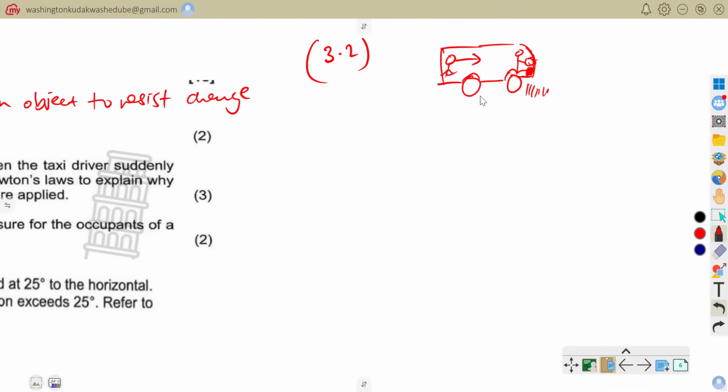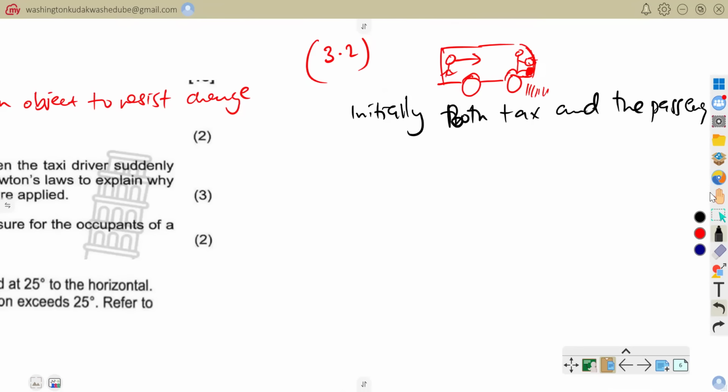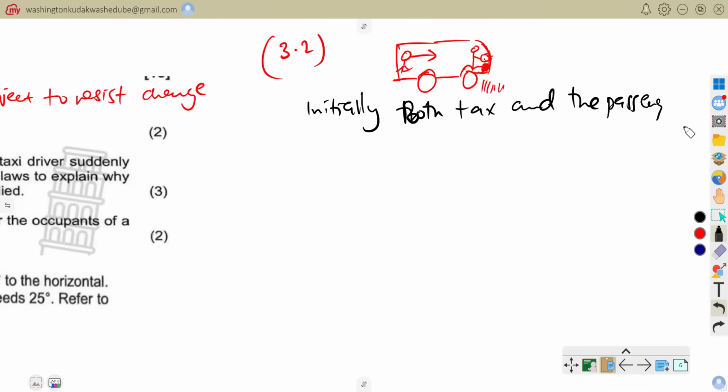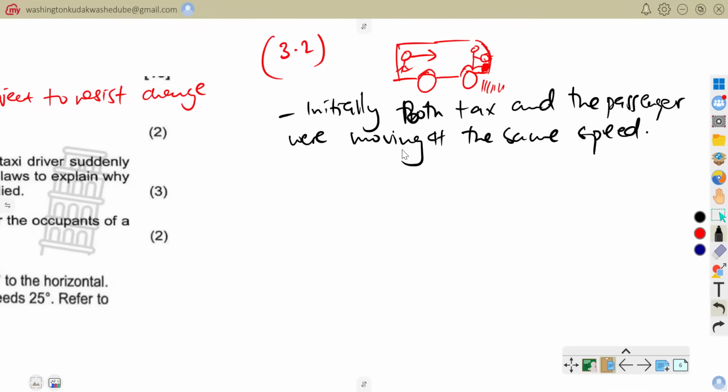It is because initially both the taxi and the passenger were moving at the same speed.